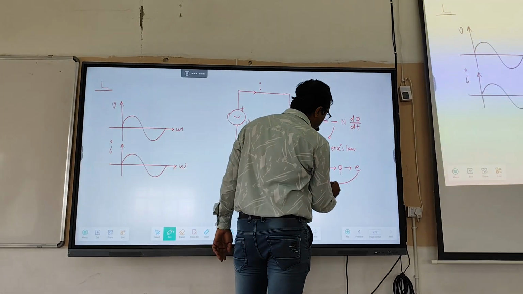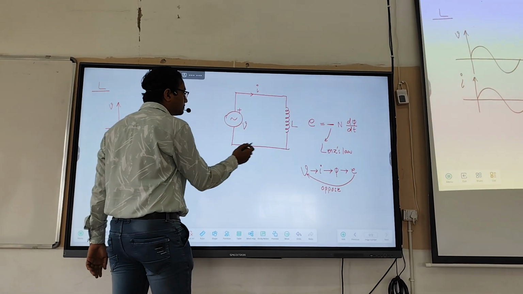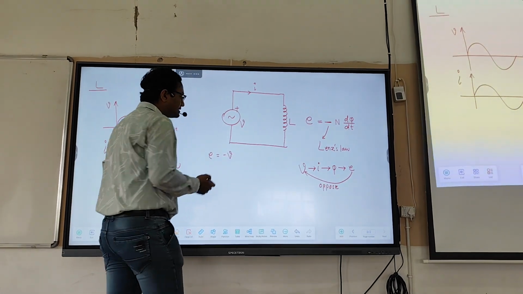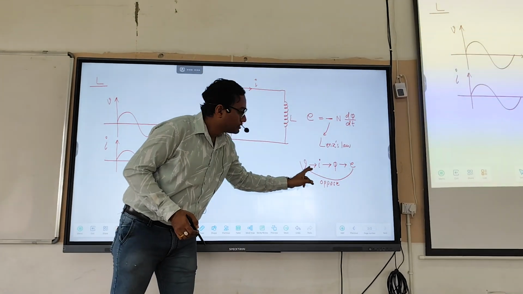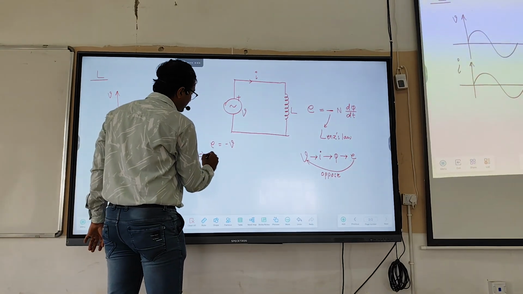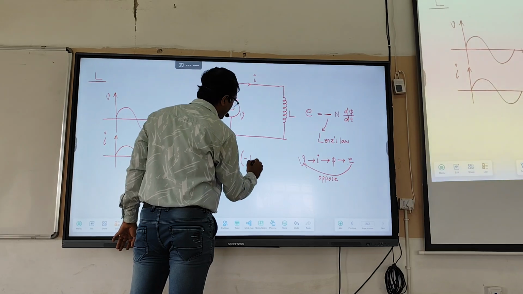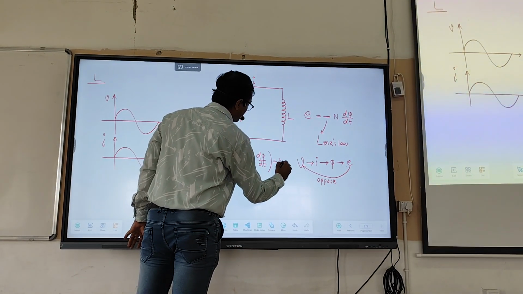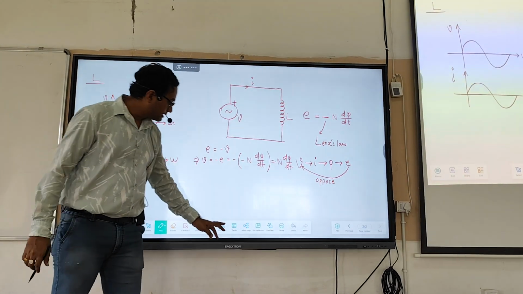So I can write E is equal to minus V. As this E is created by this voltage, it will oppose it, as per Lenz's law. So E is equal to minus N d phi by dt.